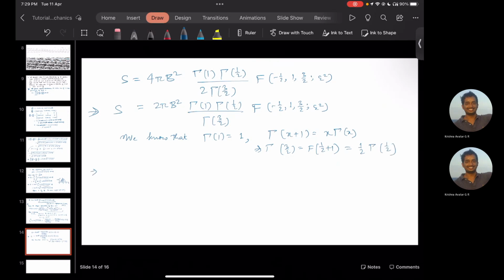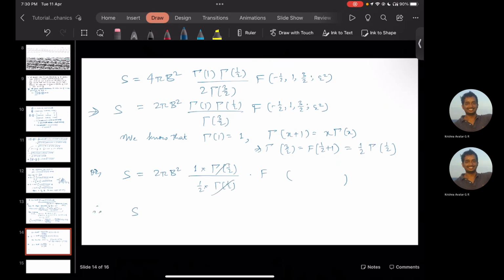So upon substituting this, we have S is equal to 2 pi capital B squared gamma of 1, which is 1, and then gamma of half by gamma of 3/2 is nothing but half into gamma of 1/2 into the rest. So this cancels out.